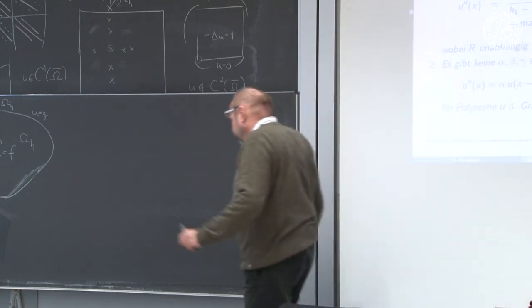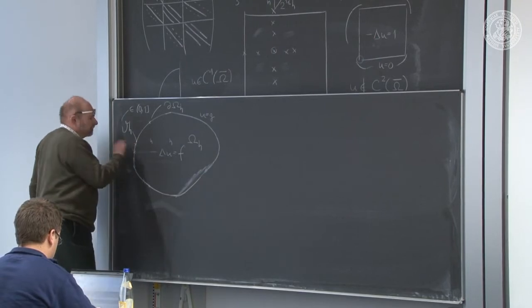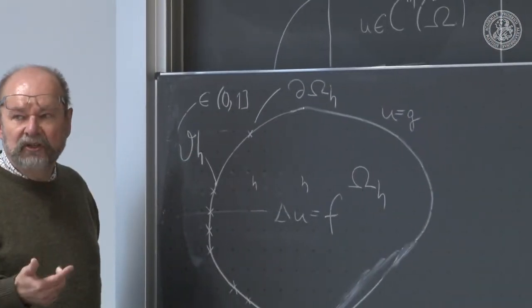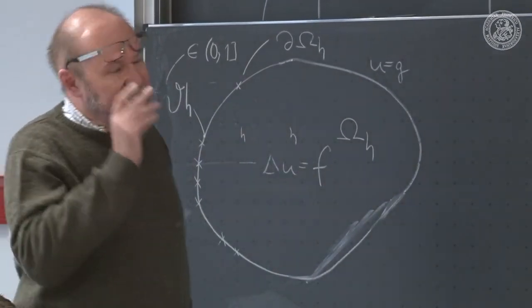Okay, so we could do this, but that means in the moment we are close to the boundary, we have a 5-point stencil which only has first order of consistency. The question is, can we do better?